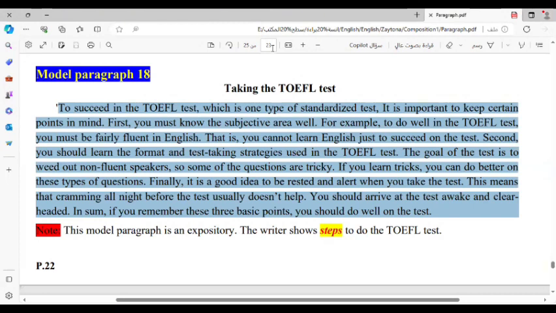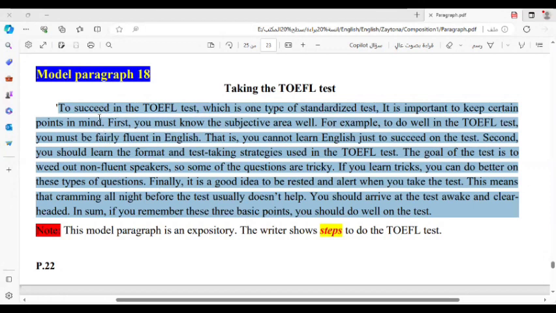I will write acronym in the chat. Okay, acronym is a word composed of many letters and they are formed as one word. Okay, like TOEFL, which is test of English as a foreign language.